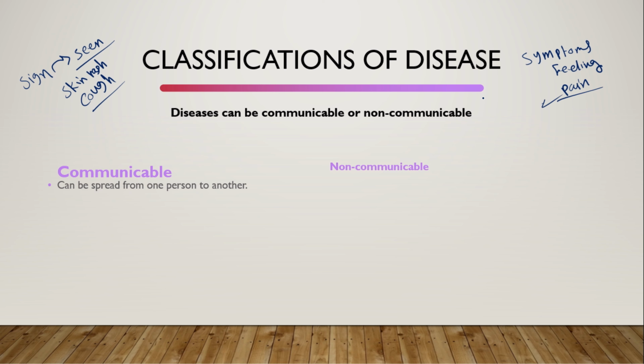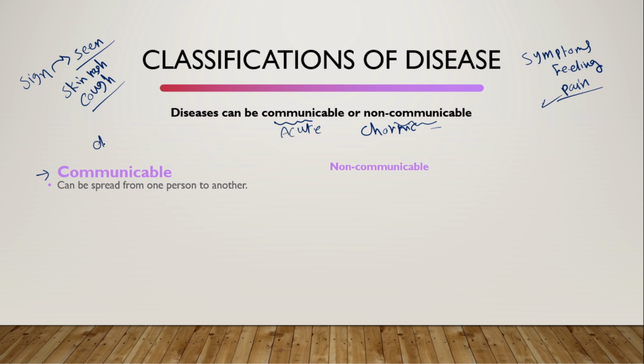Now we have classification of disease. Disease can be communicable or non-communicable. Disease can be acute or chronic. Now we will study communicable disease and non-communicable disease.